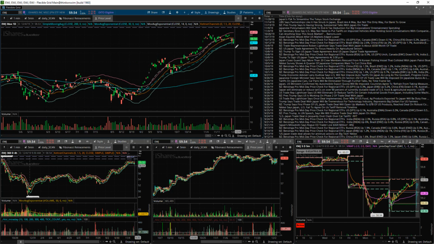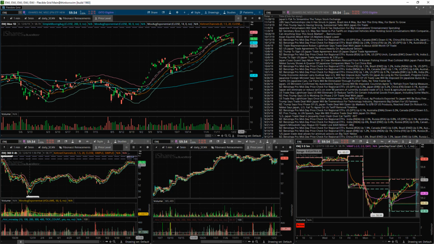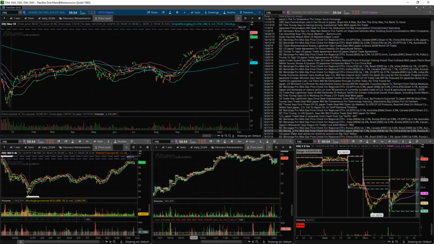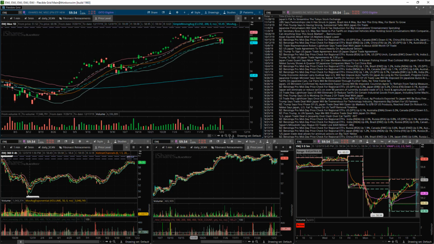So perhaps you could find an entry somewhere here, risking either defined risk, so whatever it gives you, it gives you, or if you want to put on any naked options, anything below this previous low would probably be a stop out, and then set the target for 61, which would be about a 2-to-1 area.